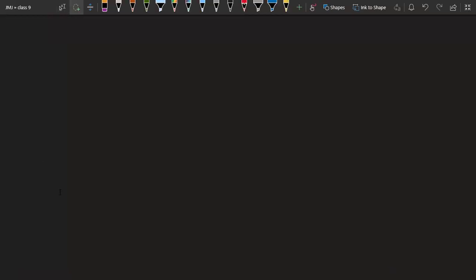Okay, let us take exercise 7.4. In this question 1, show that in a right angle triangle the hypotenuse is the longest side. This thing we have used many times, but this time we have to prove it. So suppose we have triangle ABC, in which angle B is 90 degrees.